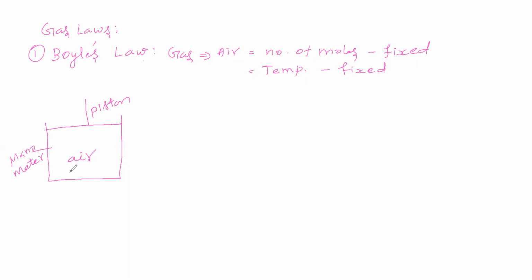The manometer shows the pressure exerted by this air. So using this manometer, he found what pressure this air is exerting. And the volume of this air, from this level to this level, is called the volume of air. That volume of air also he found.